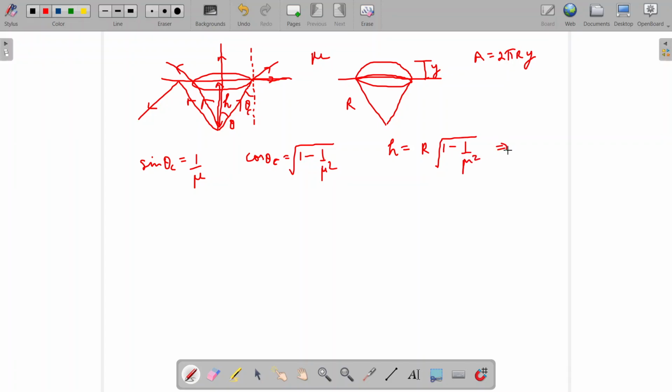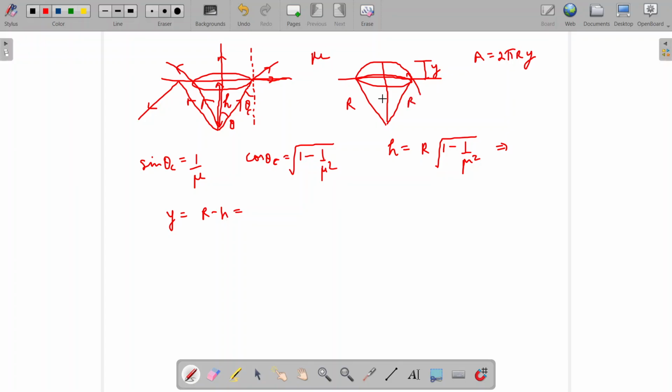Then we'll say, okay, now what is the value of y? So y is nothing but r minus h. As you can see from this figure, this is the radius of the sphere.